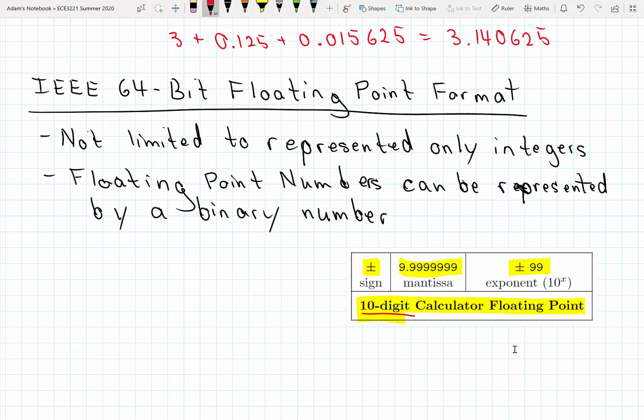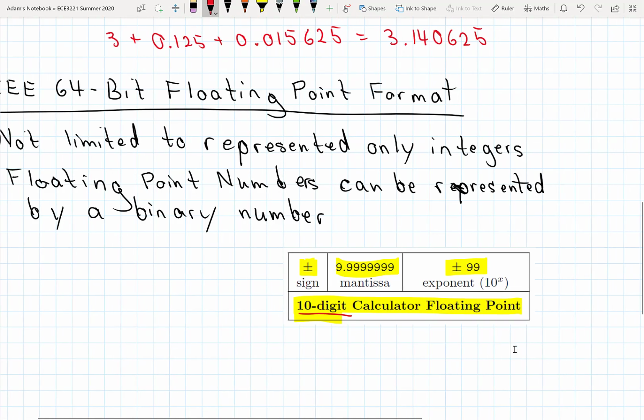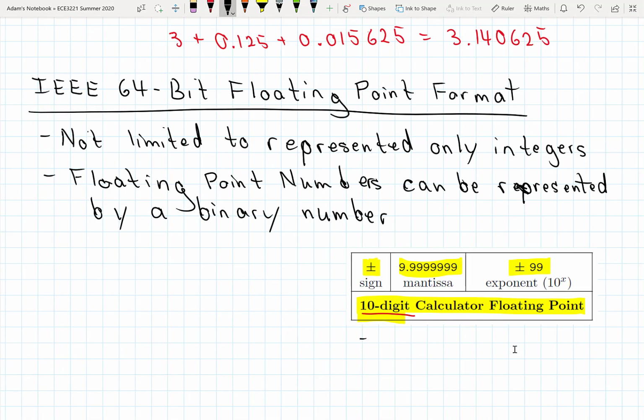All the way from minus 9.9999999 times 10 to the minus 99, to plus 9.9999999 times 10 to the plus 99. I'm assuming that the exponent takes up 2 of our spots here.